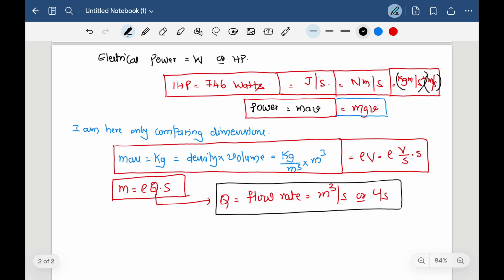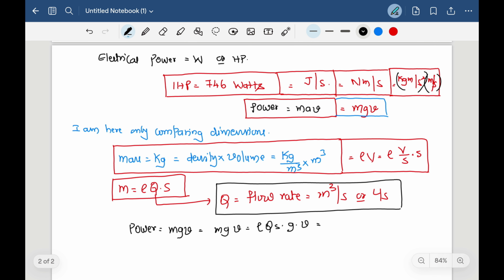Are you able to understand till now? What is power? Power is equal to mgv. Here v is velocity. From this equation, mgv, what is m? M is equal to rho Q into second into g into v.